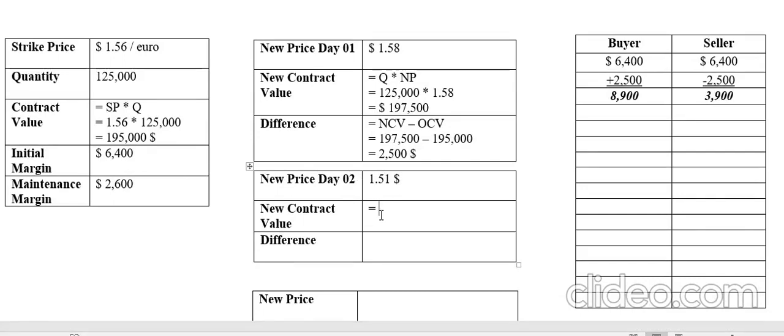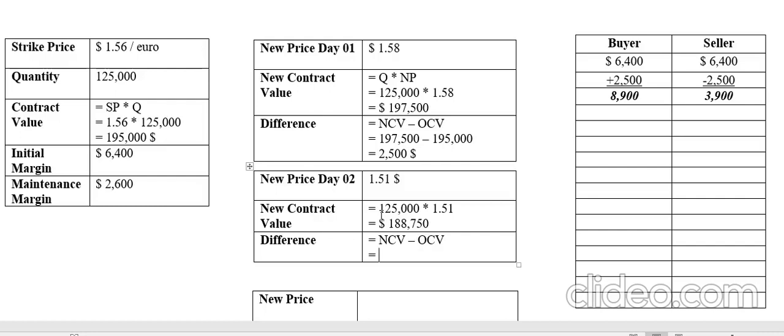So according to it, our new contract value would be the quantity 1,25,000 multiplied by the price, which is 1.51 now, and if you multiply it, we get a result of $1,88,750.